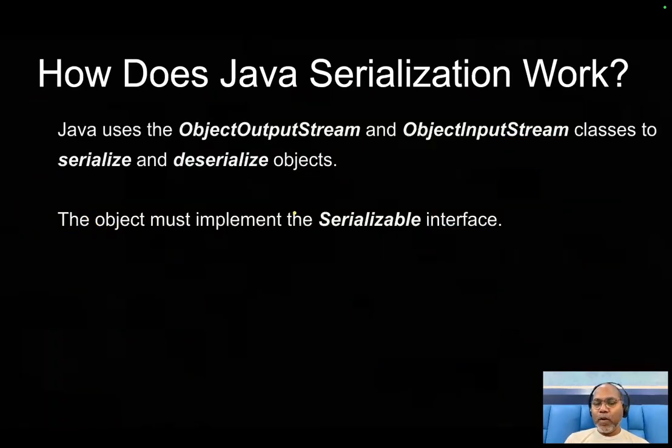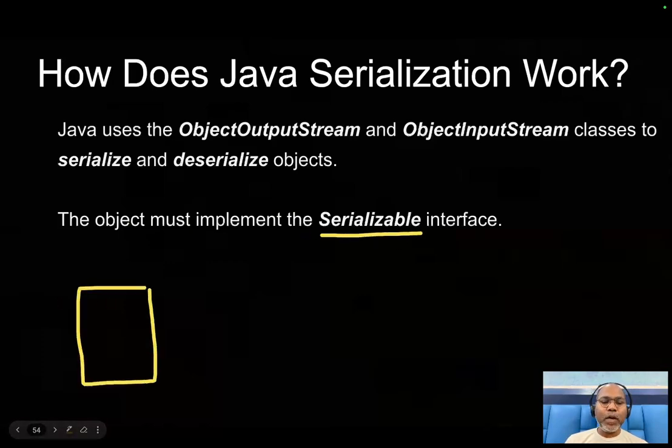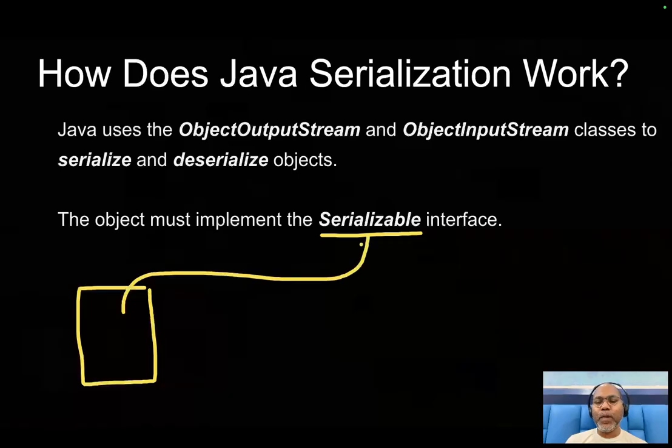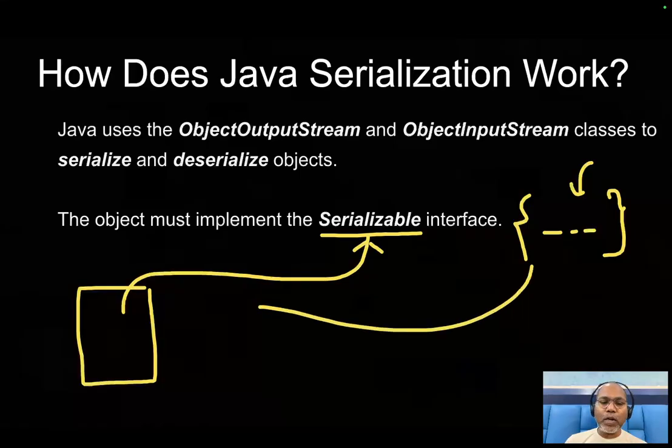So whatever class you have, you have to implement the Serializable interface. This is the marker interface, meaning there is no abstract method specified here. You do not need to override any methods. They are not enforcing anything.